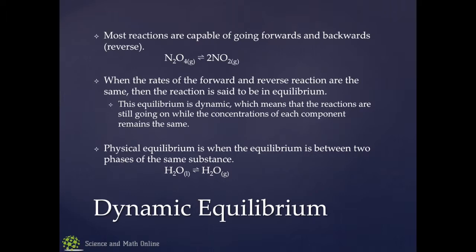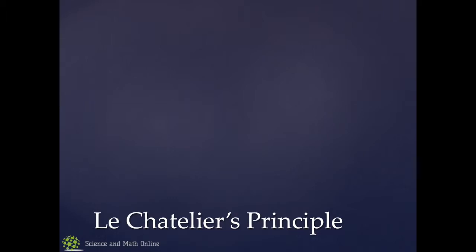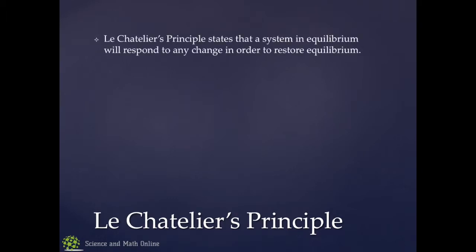So in terms of reactions, we use what we call Le Chatelier's principle. Le Chatelier's principle states that a system in equilibrium will respond in order to restore equilibrium. This makes sense, especially if you think of it in terms of biological systems. You change something, that system is going to respond in order to try to make everything equal again.